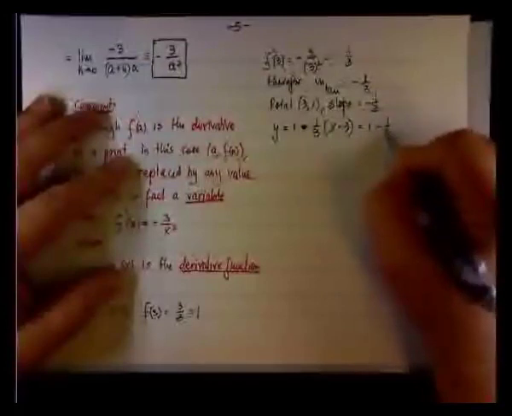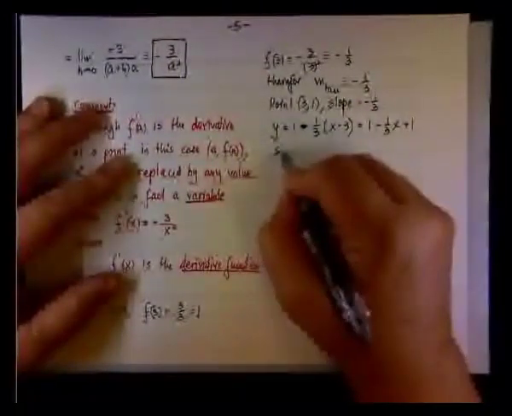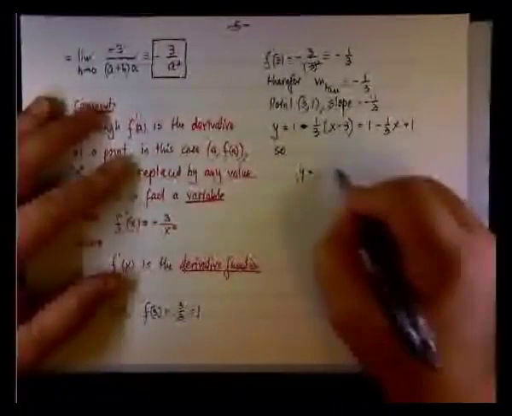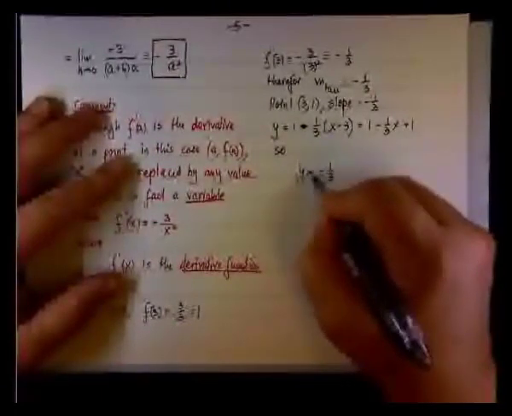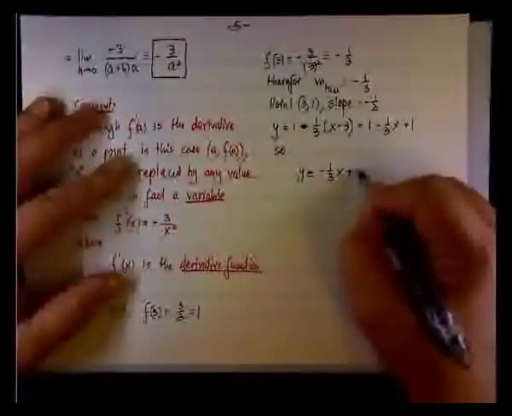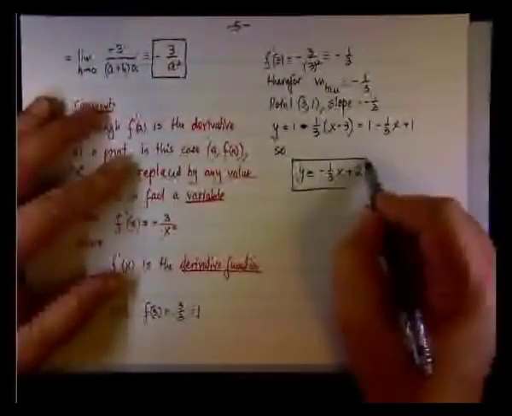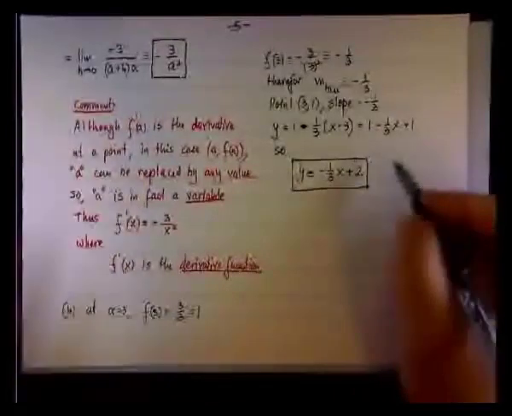Or we have 1 minus 1/3 x plus 1, so y equals negative 1/3 x plus 2. And this is the equation of the tangent.